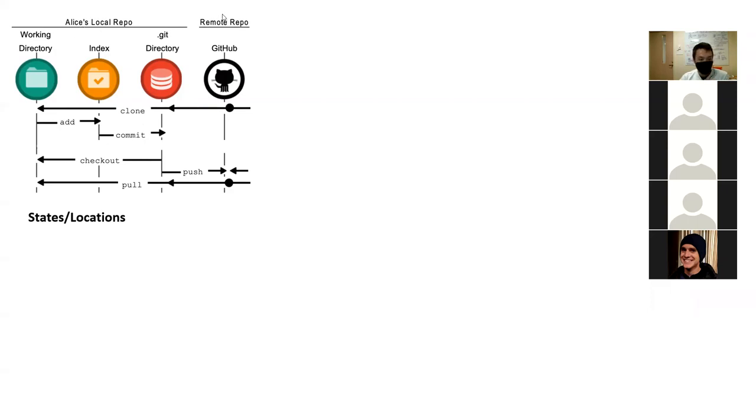And then there's also the remote instance of that repository, similar to the Dropbox-like online cloud, where the important thing is that changes you make in your local repository are not immediately reflected in the remote cloud repository. You need to basically synchronize the files.